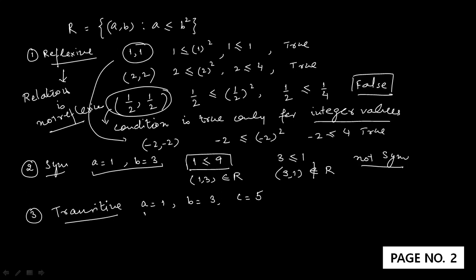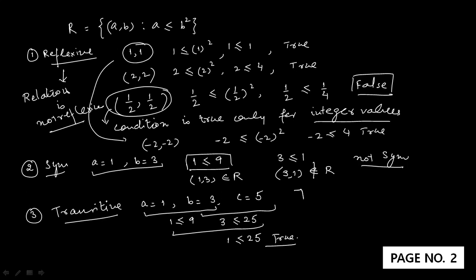What about the first condition? The combination of a and b, 1 less than or equal to 9. This one is okay. Second is 3 less than or equal to 25, the combination of b and c. Now, what about the resultant? 1 less than or equal to 25. This one is true.